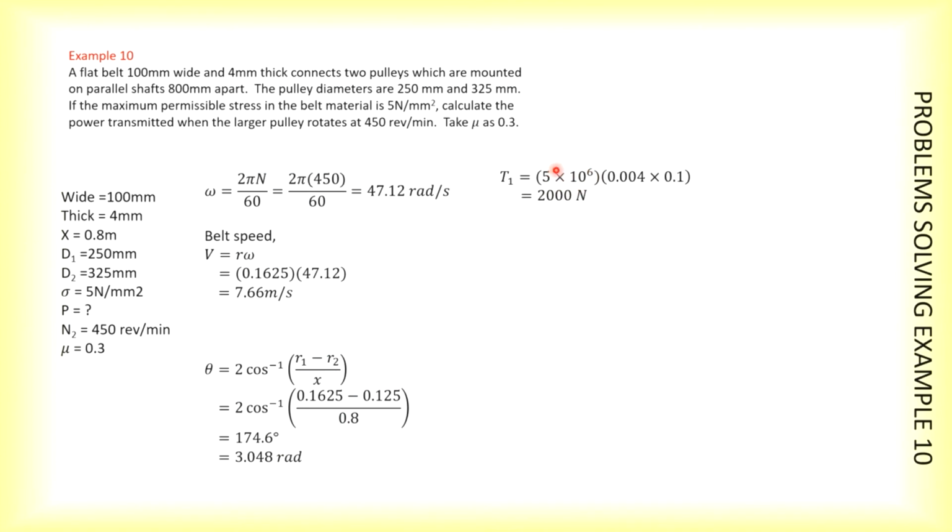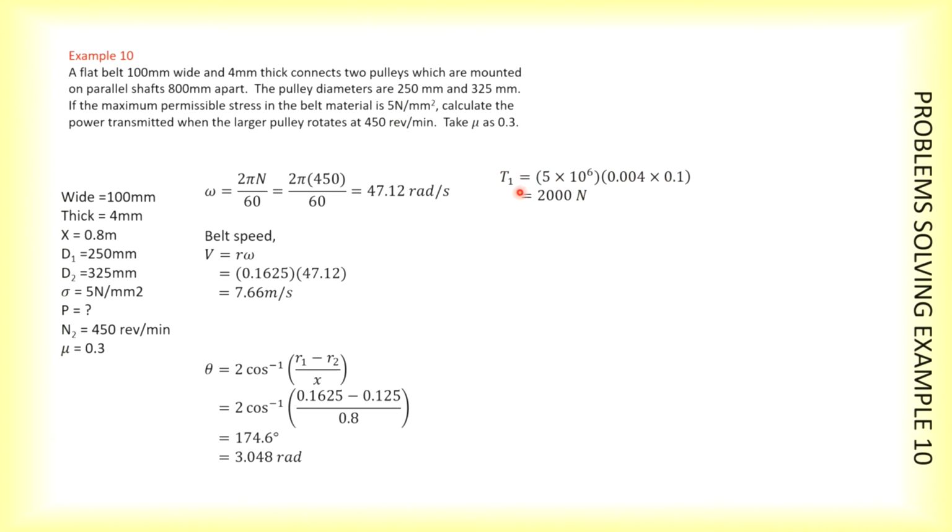Then this is T1, by taking stress multiplied by the area. The stress is given as 5 Newton per millimeter square. If you convert this, 5 Newton per millimeter square actually equals 5 mega Newton per meter square. So it's 10 power 6, the stress, and this is the area.